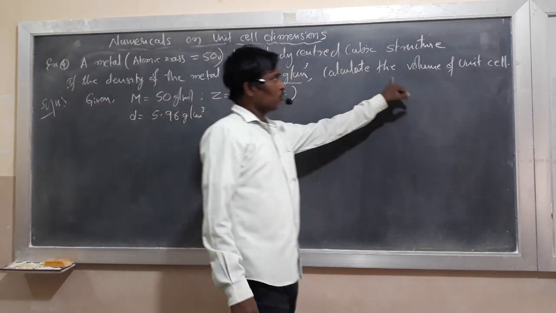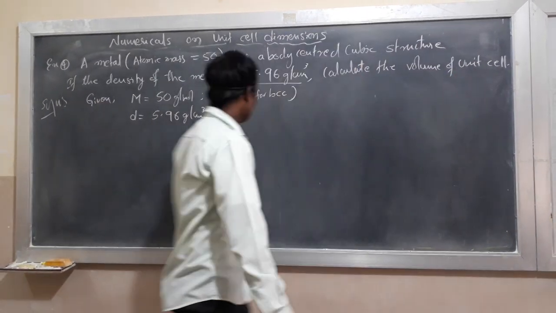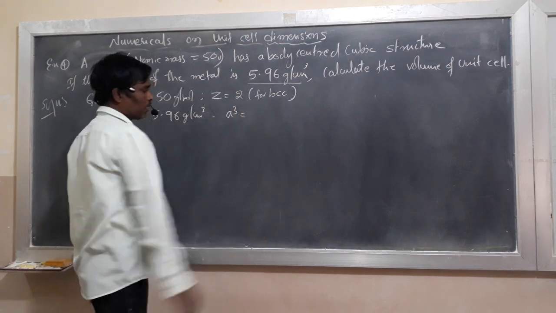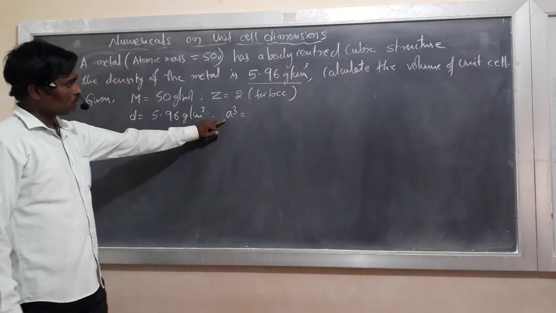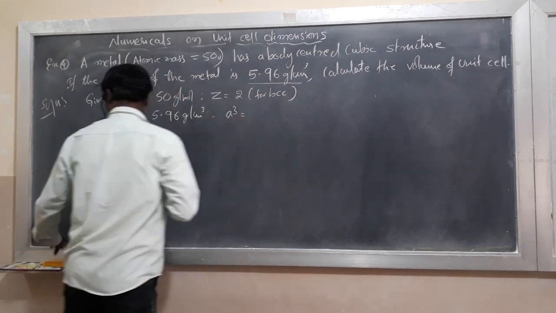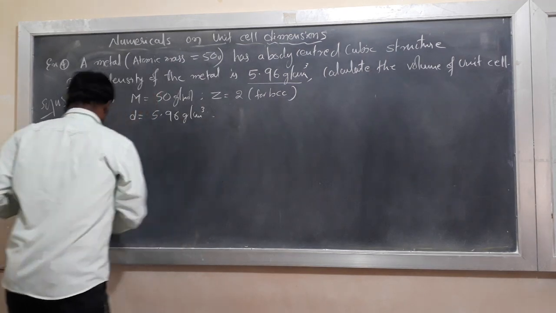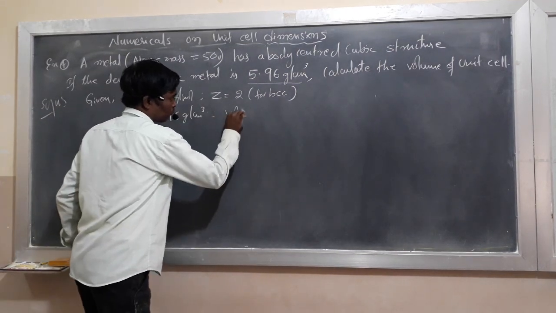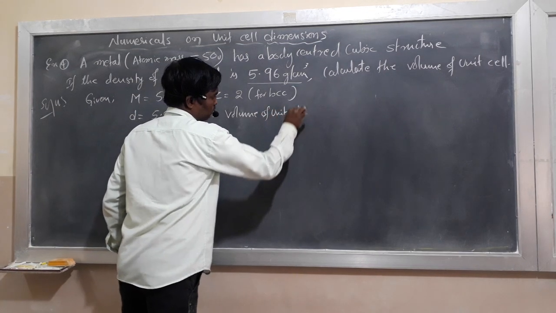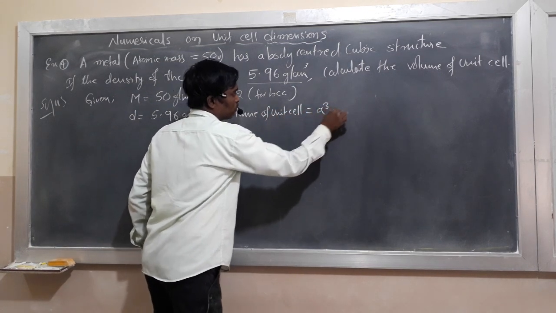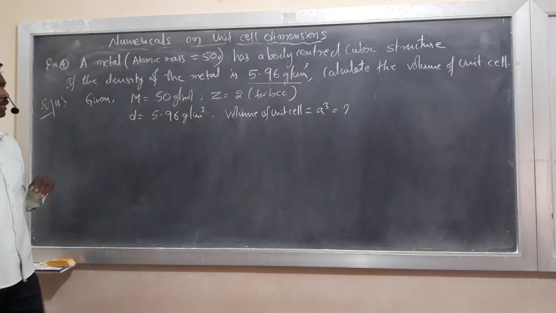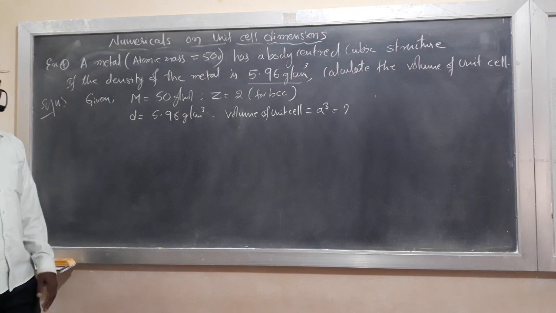Then we are asked to find the volume of the unit cell. The volume of unit cell is a cube, where a is the edge length. For a cubic system, a cube is the volume of the unit cell, which is the unknown. Now we write the formula which relates the density and the volume of the unit cell.